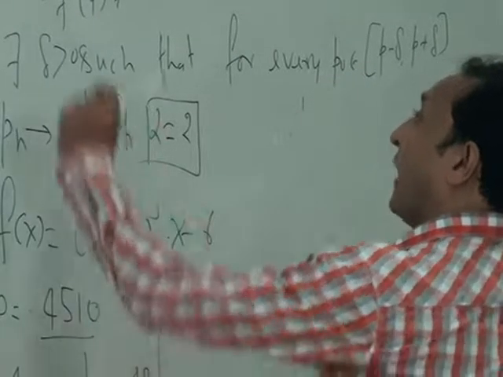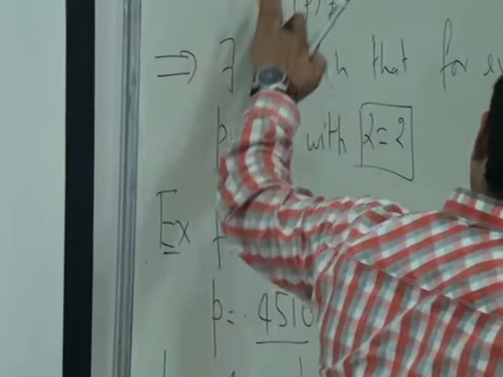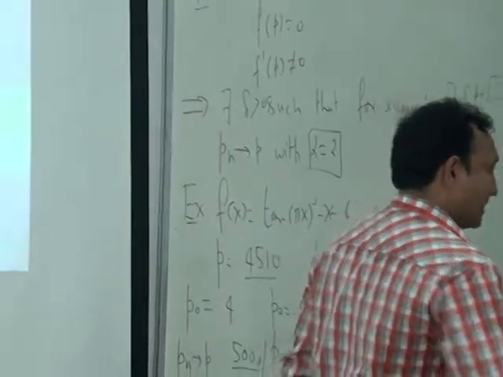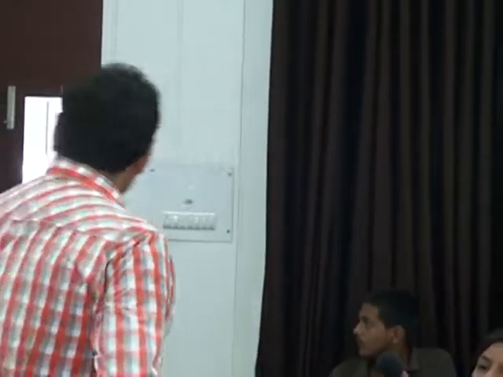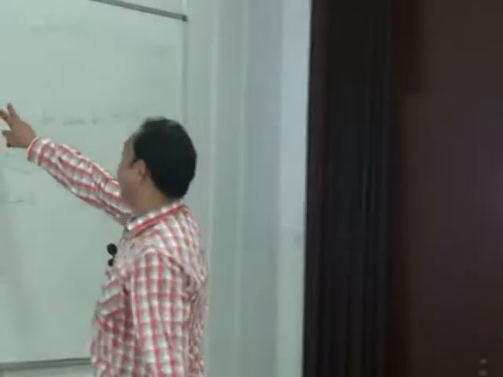Also, you require these two conditions, correct? Now, suppose I have a function which has multiplicity more than 1, correct? In that case, this f dash p will be 0.